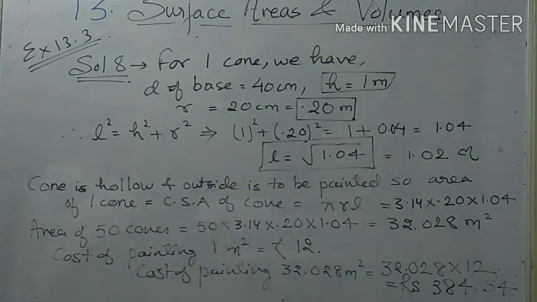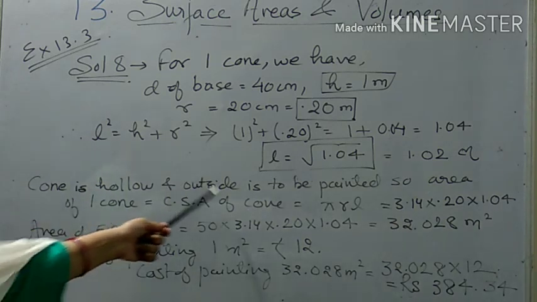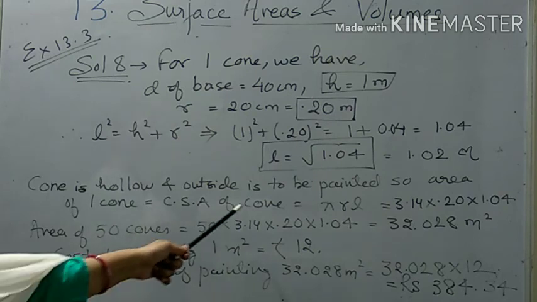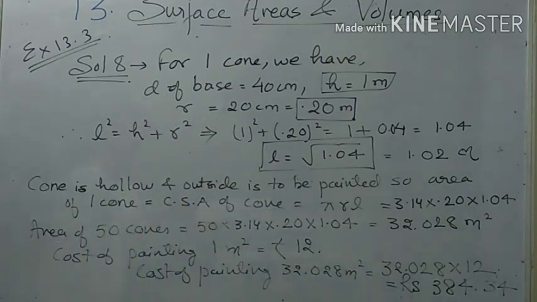Thus, L is equal to 1.02 meter. Now, the cone is hollow and the outside is to be painted. So, area of one cone is equal to CSA of one cone. CSA of one cone will be pi RL, which is equal to 3.14 into 0.20 into 1.04.